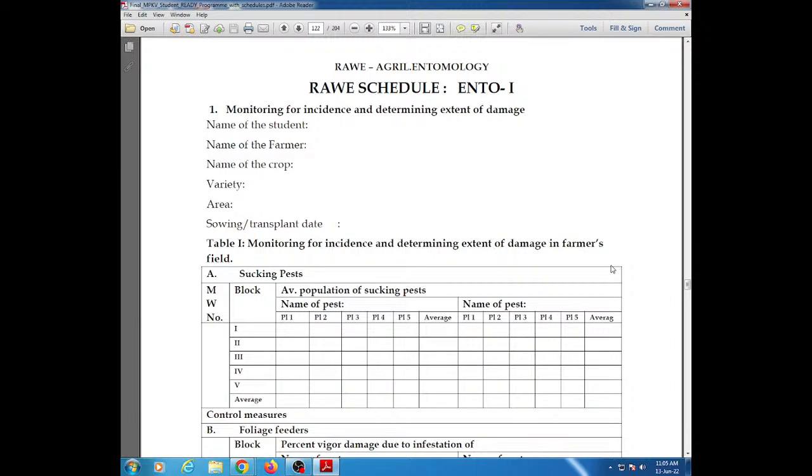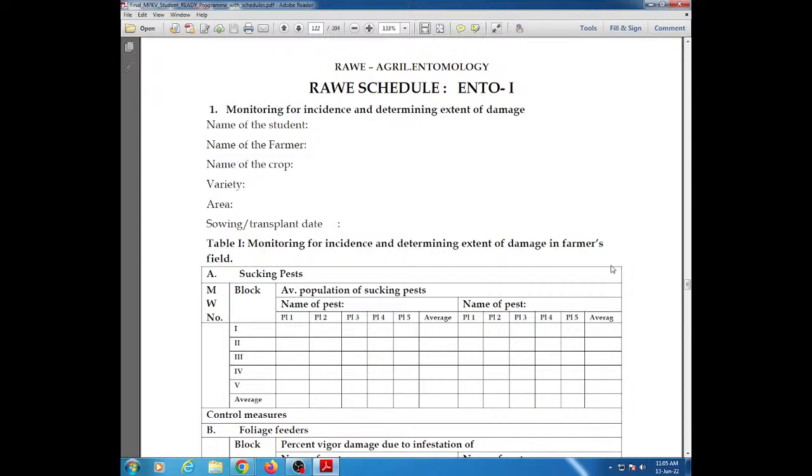The data required for this schedule is to be collected on a daily as well as weekly basis for filling it up in the daily diary, and after that you have to take the summary into this schedule.